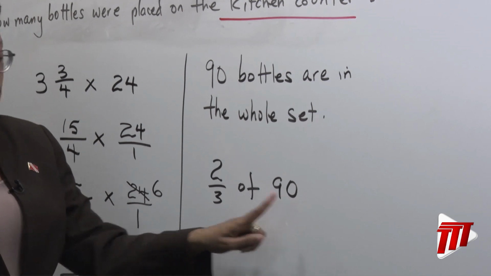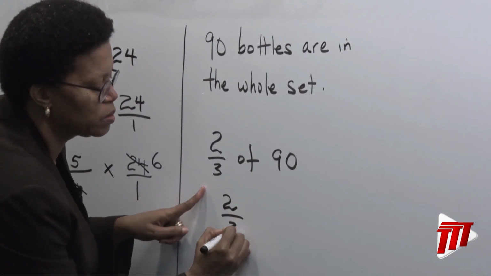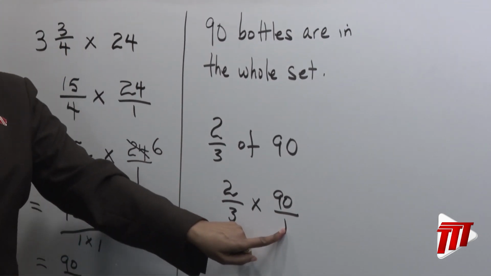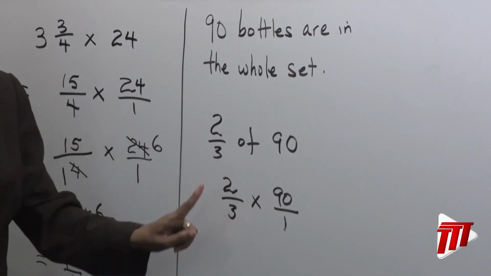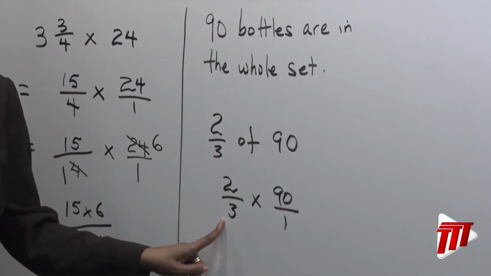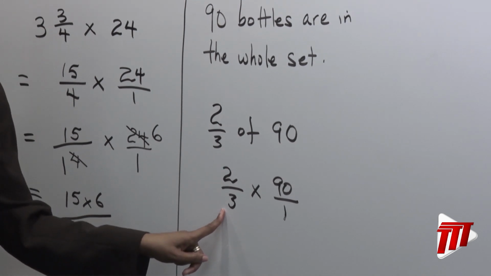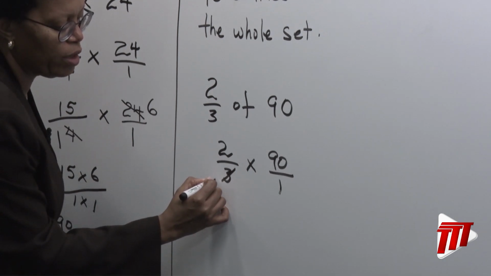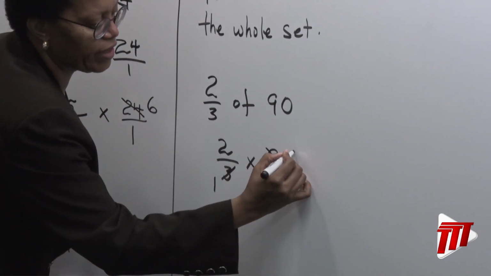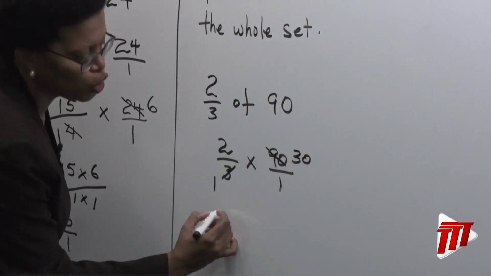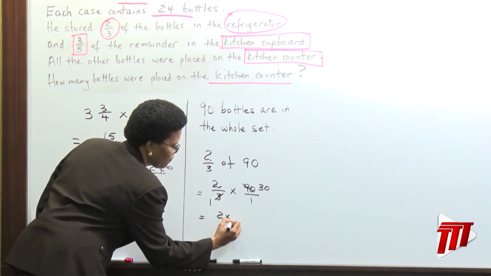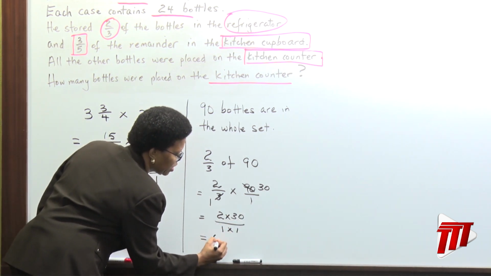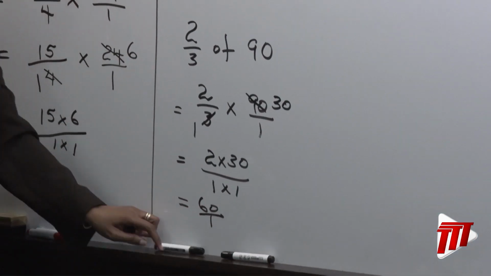Two-thirds of 90, we want 2/3 multiplied by 90. Remember, 1 in the denominator tells us we're speaking of wholes. 90 and 3 both have a common factor of 3. We can simplify. 3 divided by 3 is 1, and 90 divided by 3 is 30. 2 multiplied by 30 over 1 multiplied by 1 gives us 60. 1 is in the denominator.